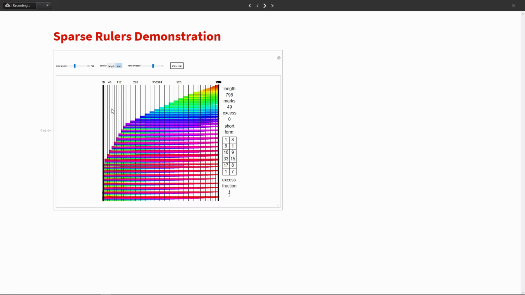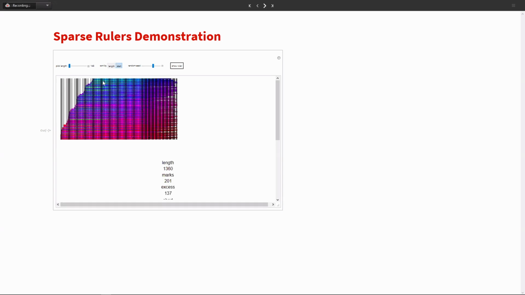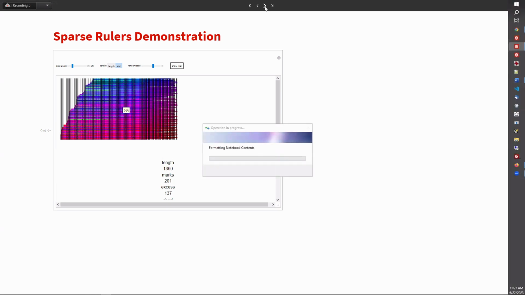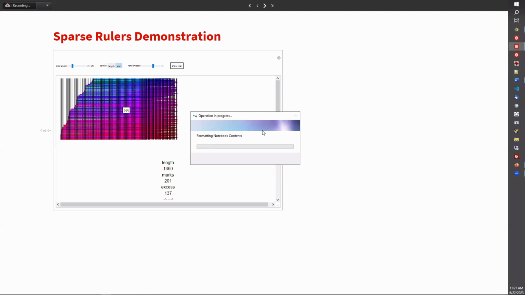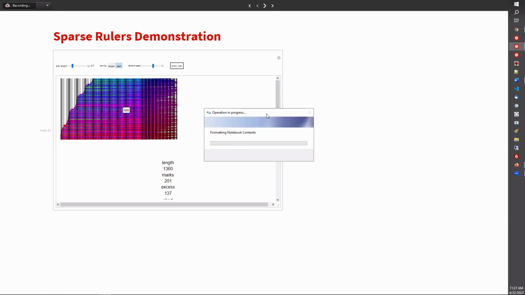Here are a whole bunch of different sparse rulers. This is another demonstration, but it works better outside of a slideshow. Hopefully I'm not going to crash here. It wants to format things.